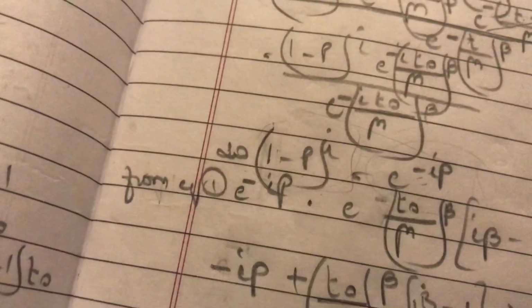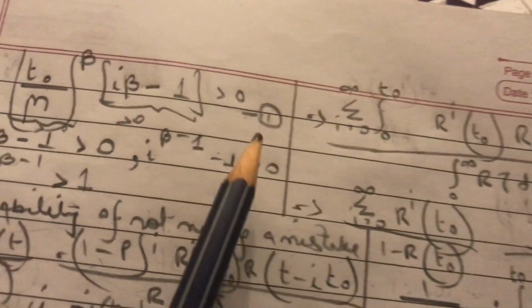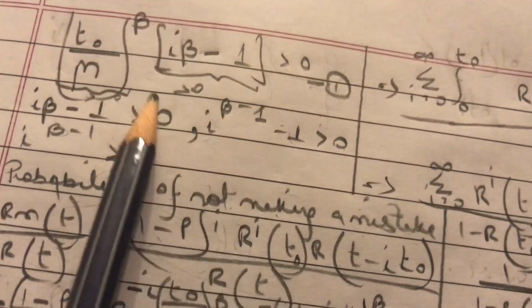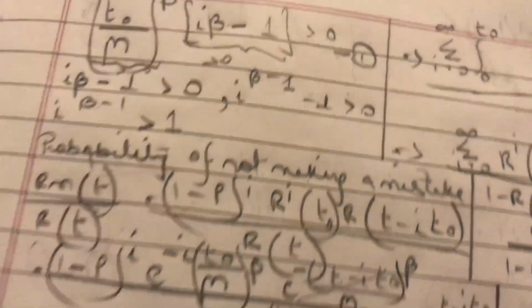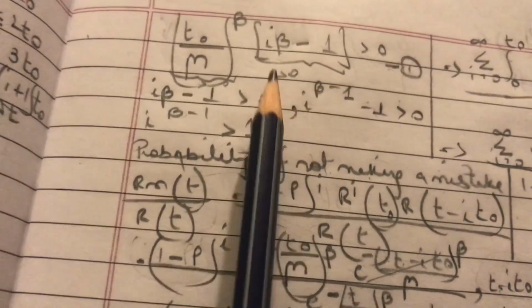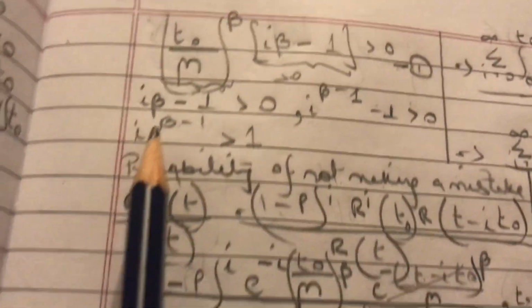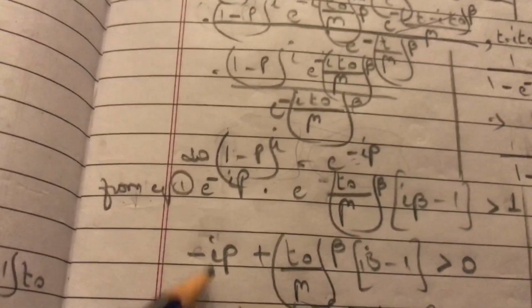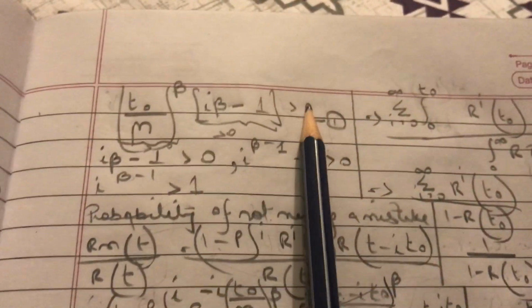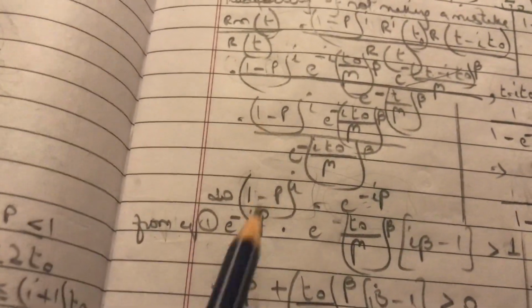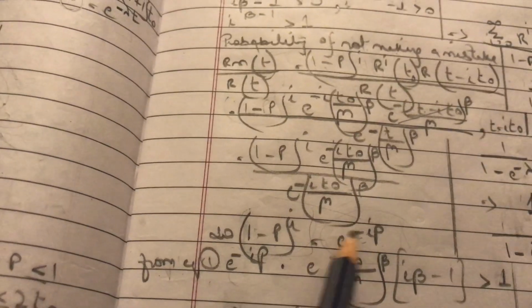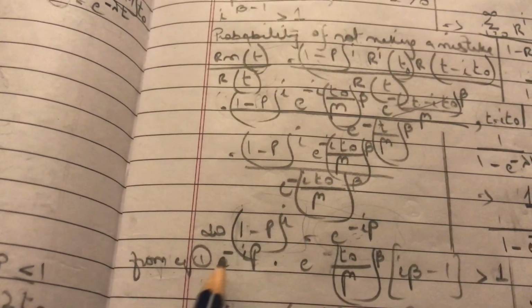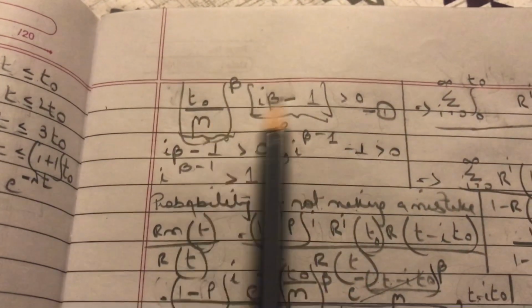Now what we are going to do, what we say from equation 1. Where is equation 1? Yeah, equation 1. We took this equation greater than 0, because we are working on greater than 0. So we will take this greater than 0 again. We say from equation 1 what we got. E at the minus IP we put here, and rest remains the same.